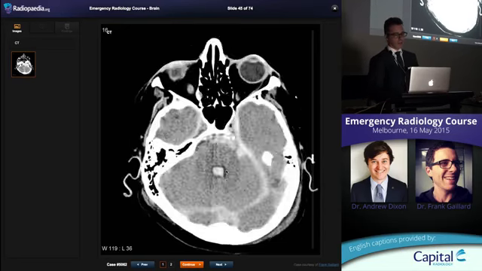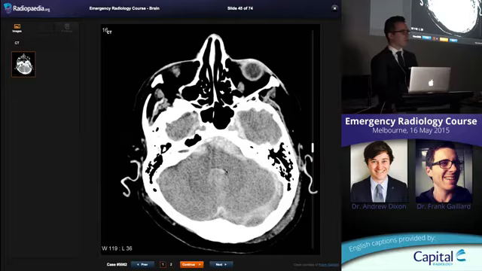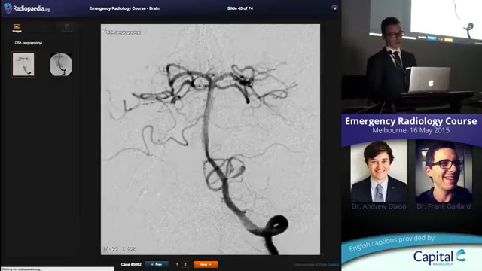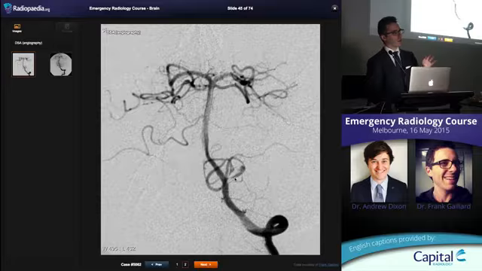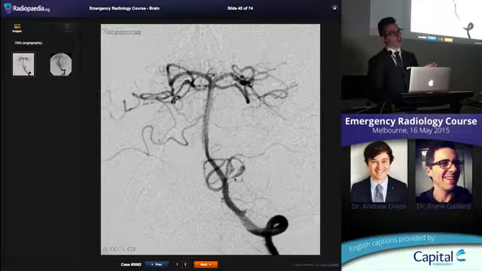And the cause, when you see a lot of blood in the posterior fossa, can be a posterior inferior cerebellar artery aneurysm, or it can be a vertebral dissection, or in this case, a dissection of the PICA. And the problem with intracranial arteries, unlike the rest of the body, when you get a dissection anywhere else, and Andrew showed a big aortic dissection, they occasionally rupture.